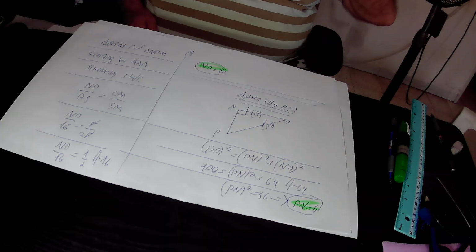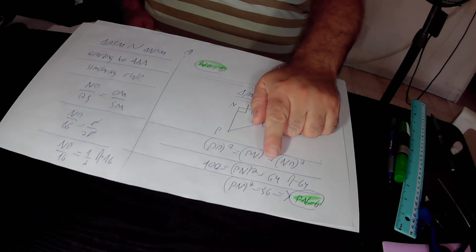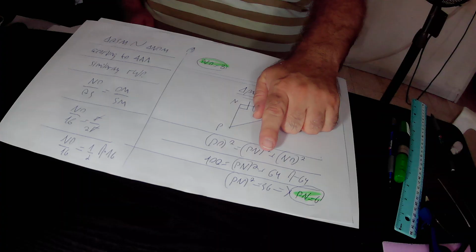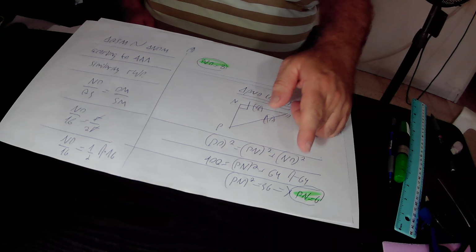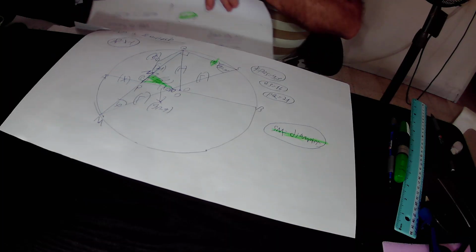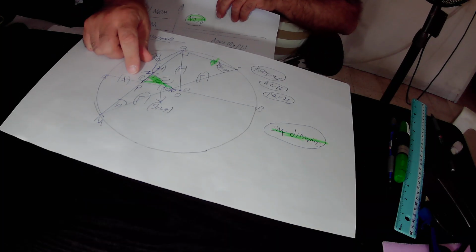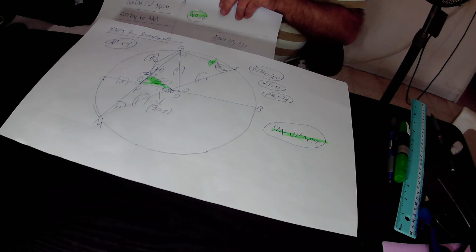So PN squared equals 36. We took the root of this equation, and finally found out that the missing side PN equals the square root of 36, that is 6. So here, this is the missing side PN, that is equal to 6 units in length.